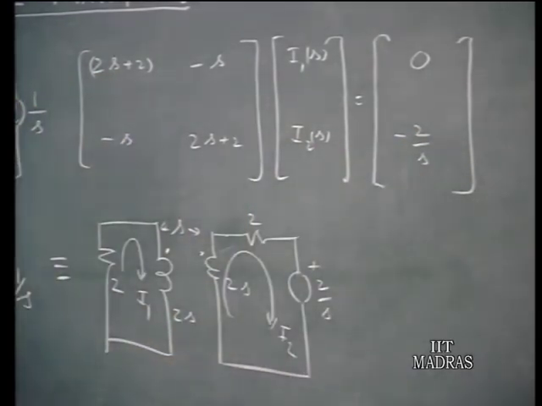So, these are the equations which describe the behavior of this circuit on the loop current basis.